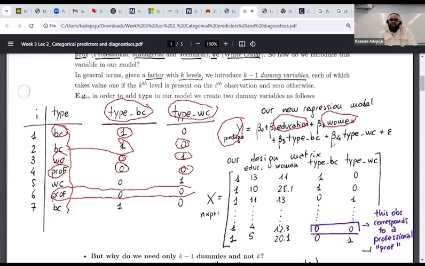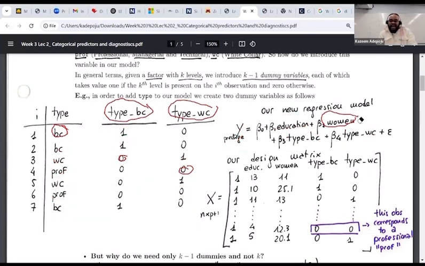And at the end of the day, what do you see? I only use type BC and type WC, but where is the prof? The other level, the prof, is being referenced. Does that make sense? If I want to interpret type BC in this model, the coefficient associated with type BC is beta 3, right?